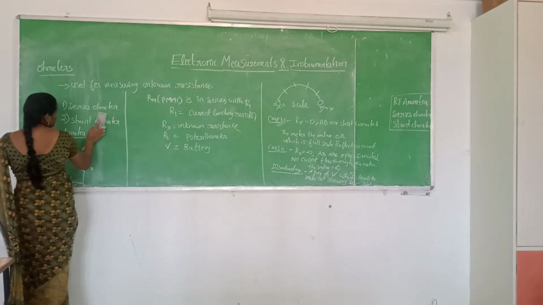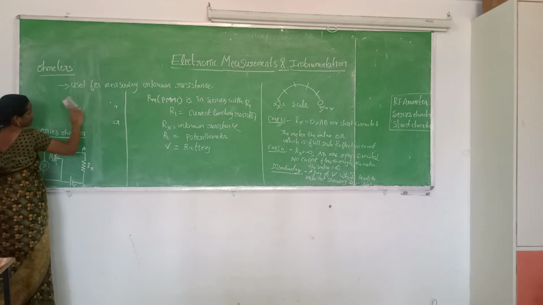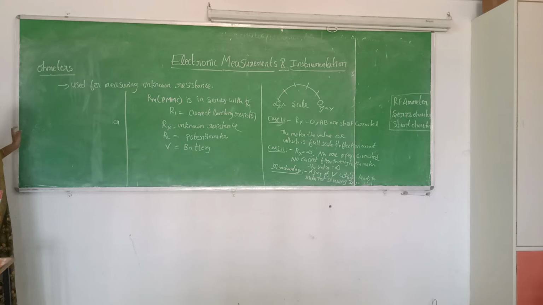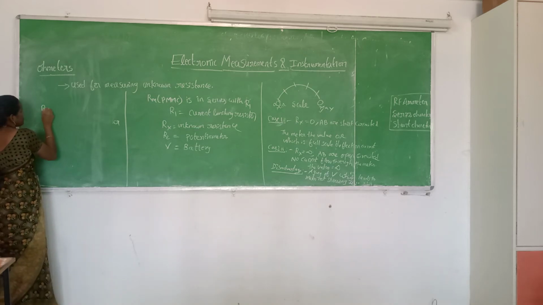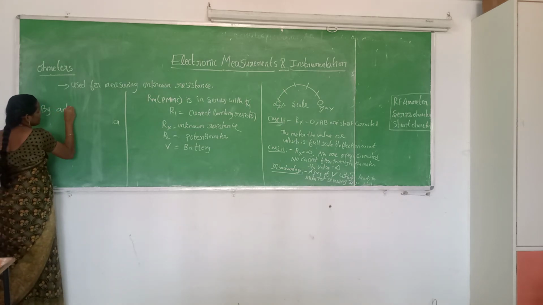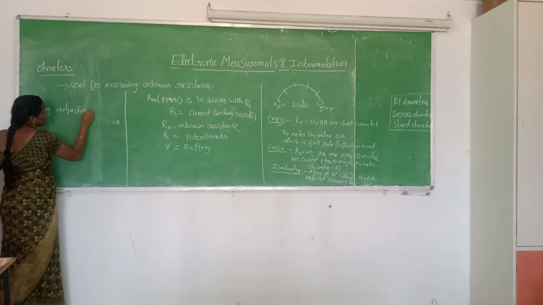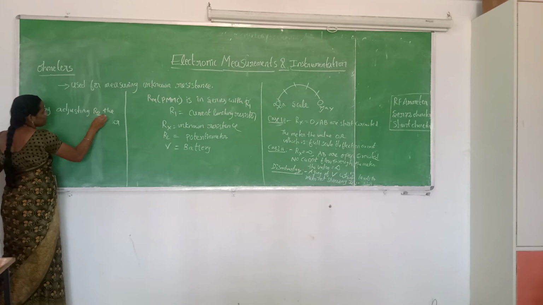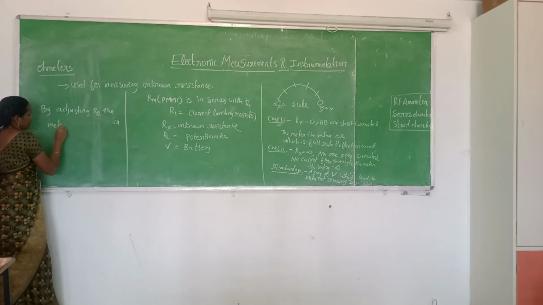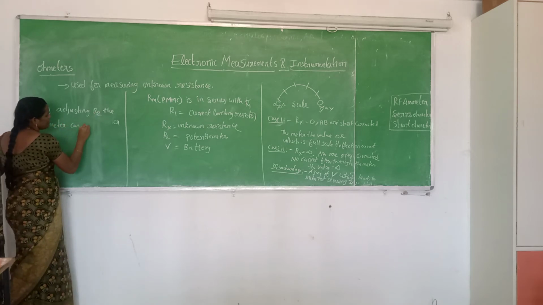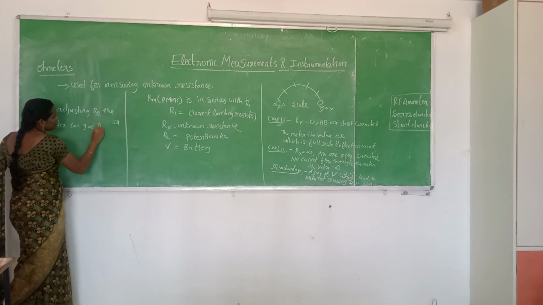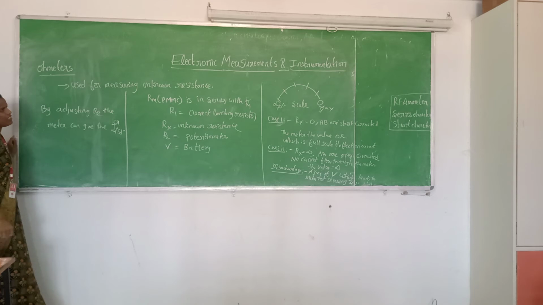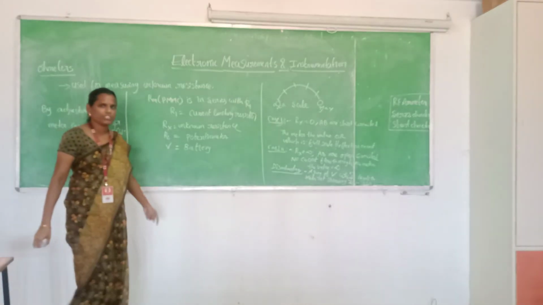This problem can be avoided by using the variable resistance R2. By adjusting R2, the meter can give the full scale deflection current. So now the series ohmmeter is completed.